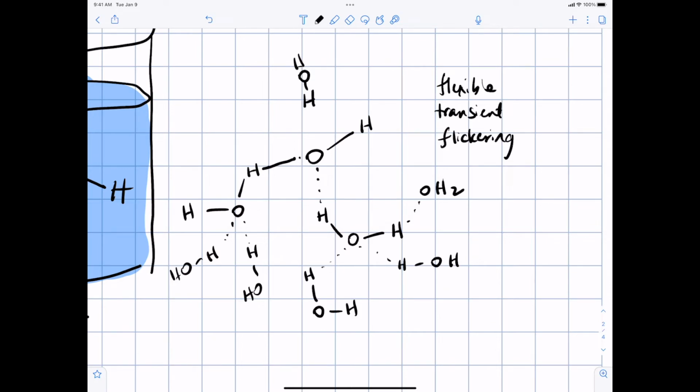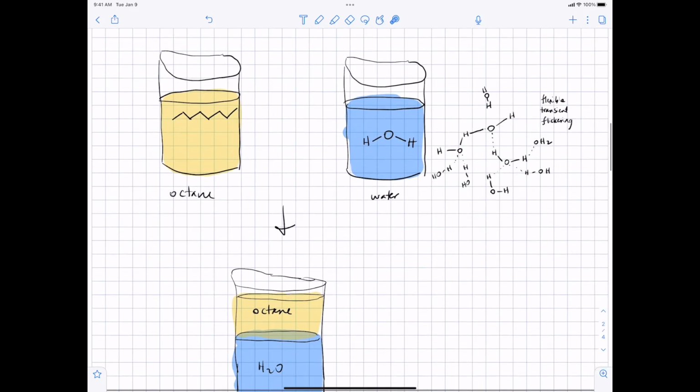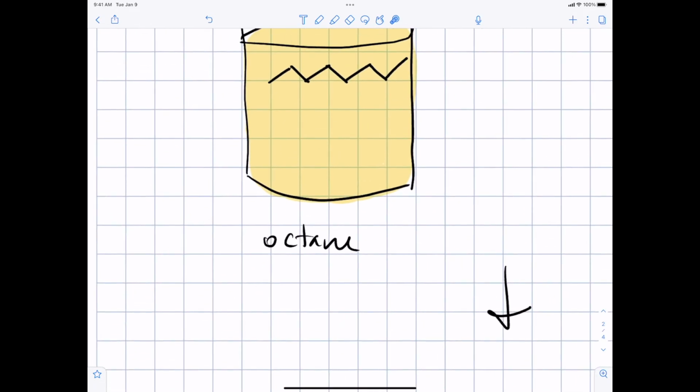The kinetic energy that you have at room temperature is sufficient to allow individual water molecules to hydrogen bond with each other but not be held strongly in place for very much time. What does octane look like at the molecular level?